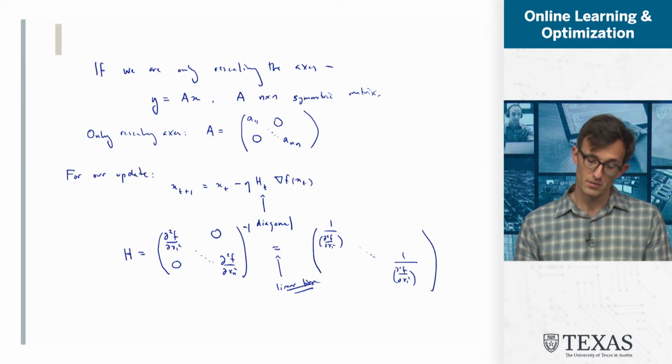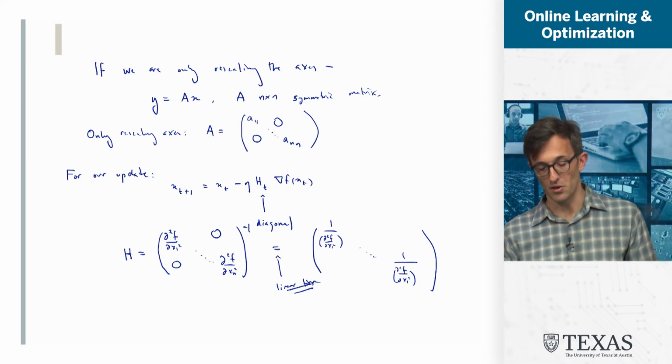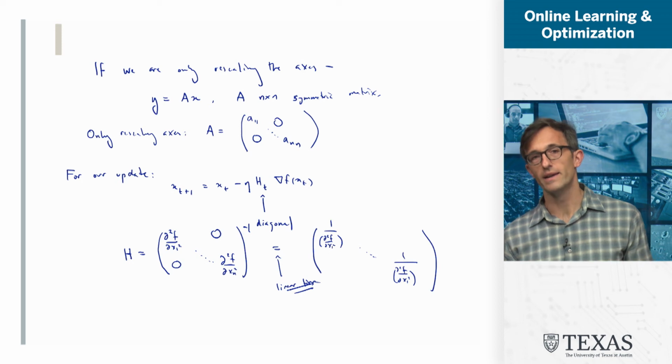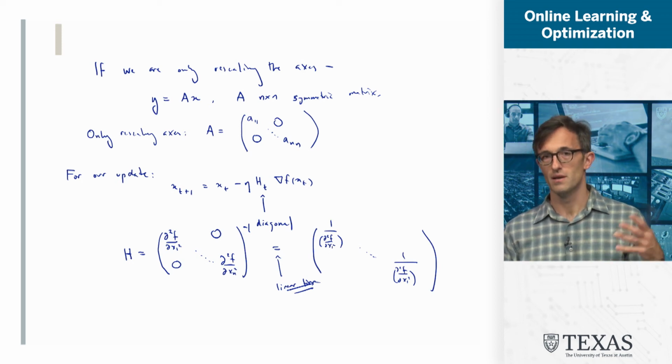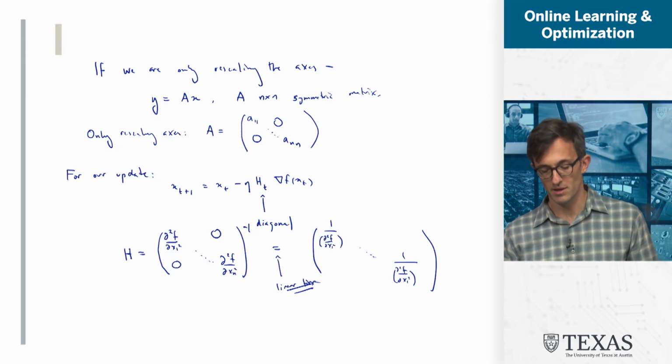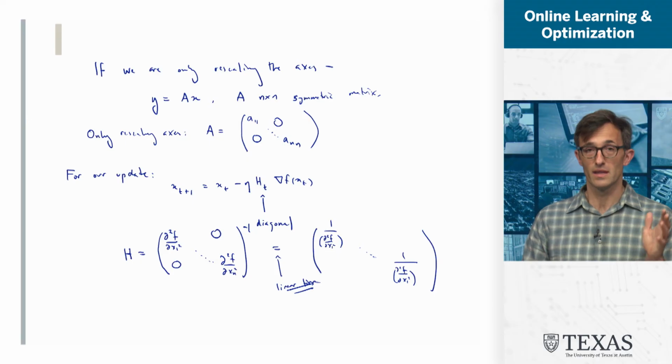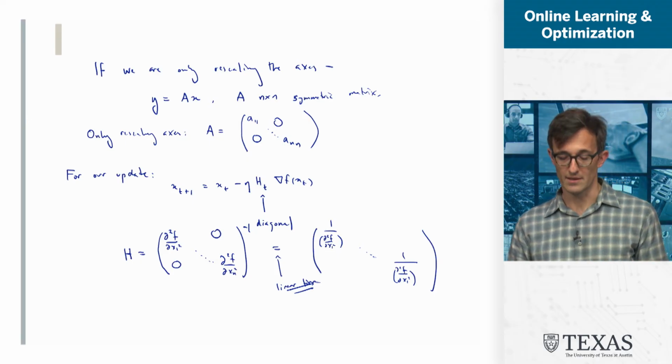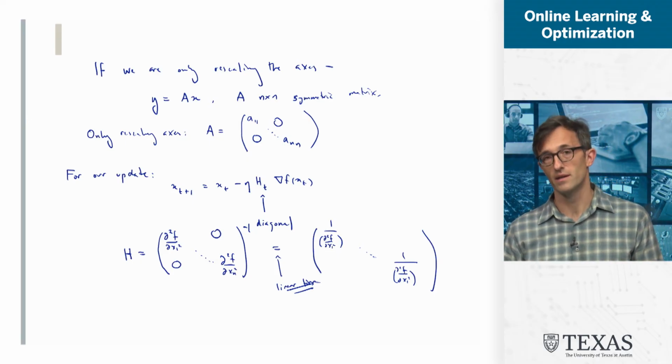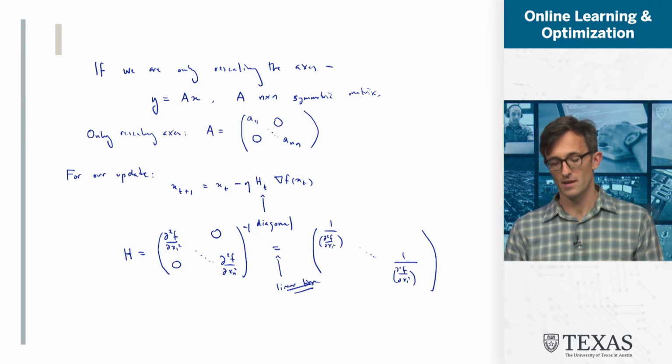And then also, I can compute the multiplication of H with the gradient in linear time. For a general matrix, a matrix times a vector is about a quadratic operation, but in this case it's a linear operation. So essentially, this is the same computation as gradient descent. So we've definitely satisfied our second requirement.